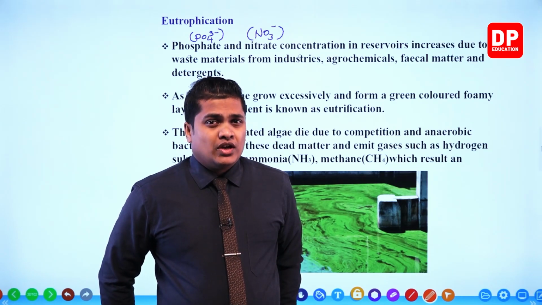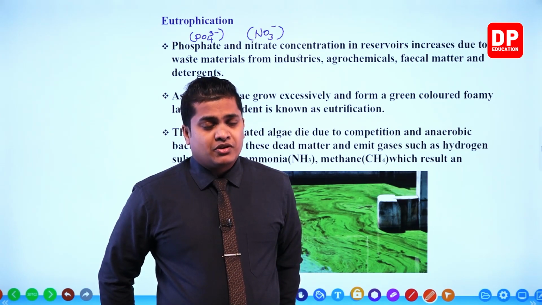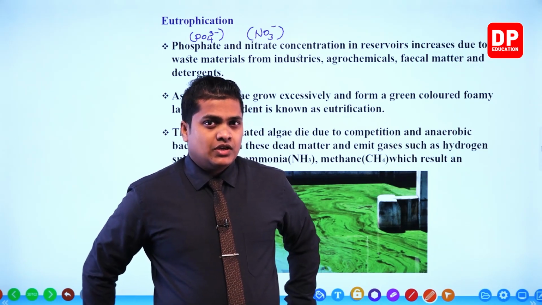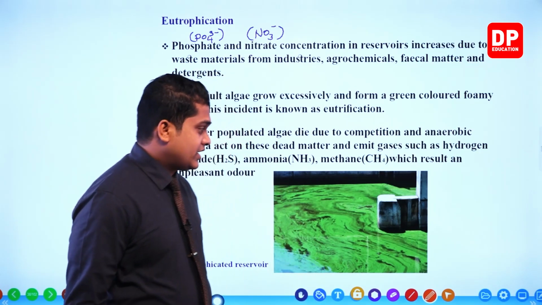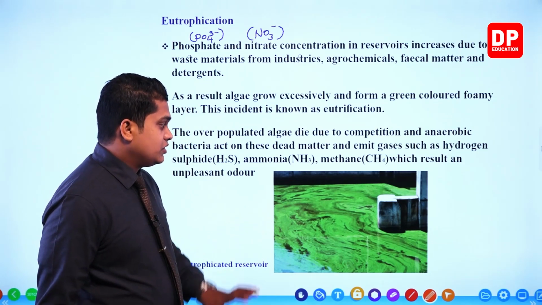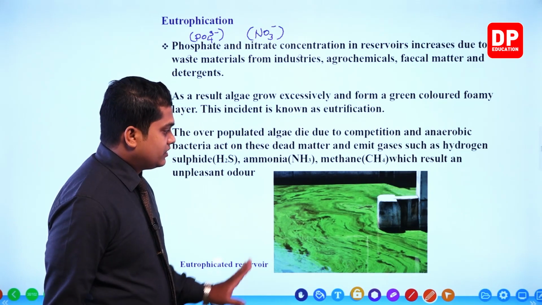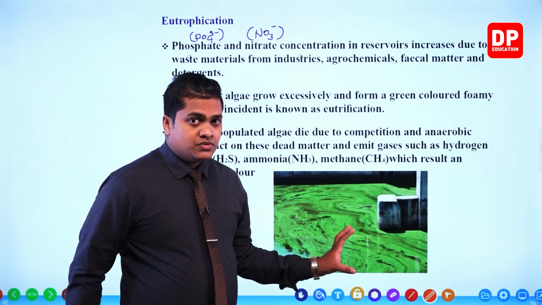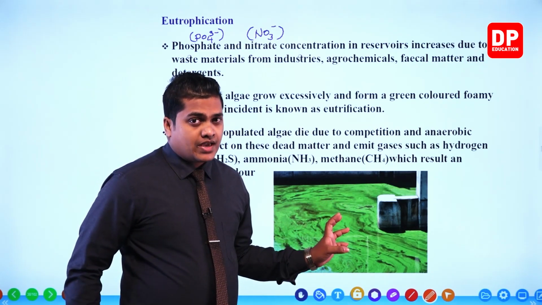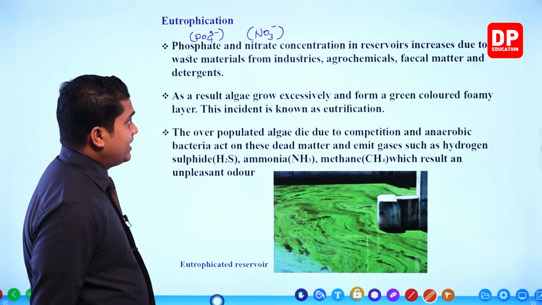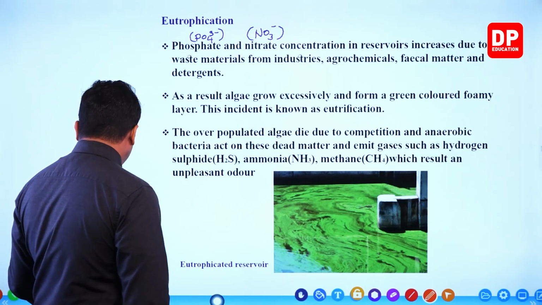So we won't be able to even go closer to these reservoirs, my dear children, because of that irritating smell. So this is eutrophication. As you can see here within the figure, a eutrophicated reservoir is given. I think you have seen and observed these kinds of eutrophicated reservoirs, right? So this is the process called eutrophication.